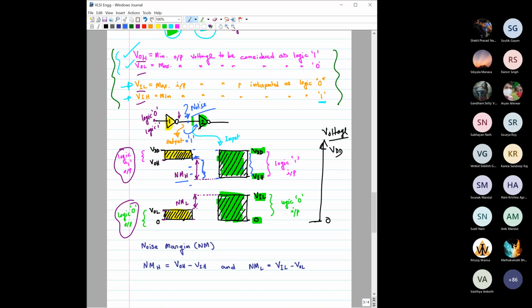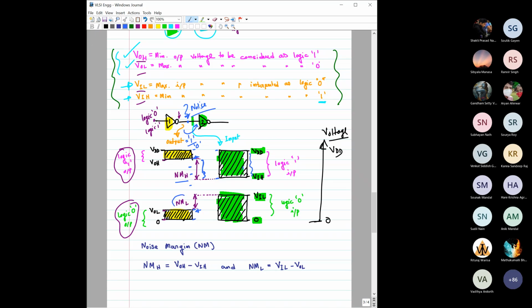On the same analogy, we can also say, suppose instead of 1 the output was 0 earlier. Then the valid range of this output is this much. Say the output is at maximum only this level, but still we have this much room by which noise can change this voltage level, and it can still be treated as logic 0 by the next gate.